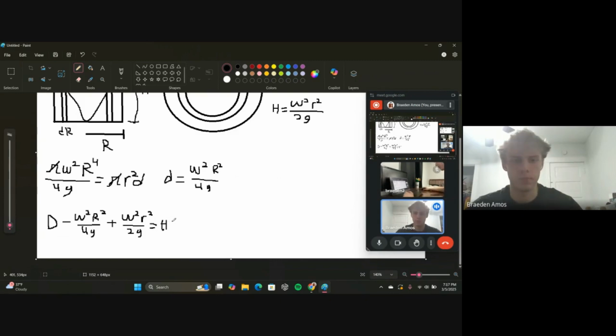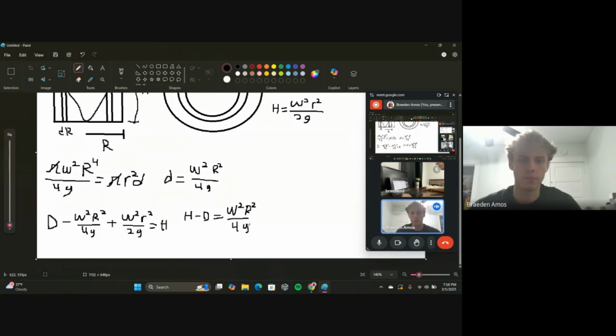So now we're going to go one step further and try to solve this. We'll end up with h minus d is equal to omega squared r squared over 4g. So we're just trying to solve this for omega.